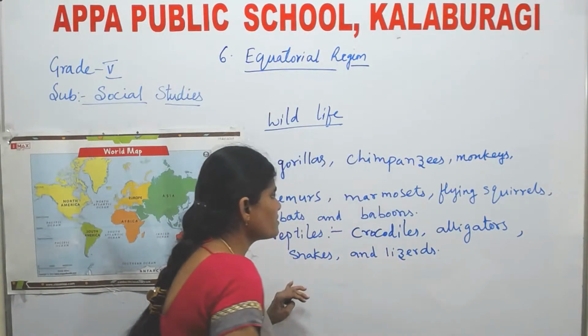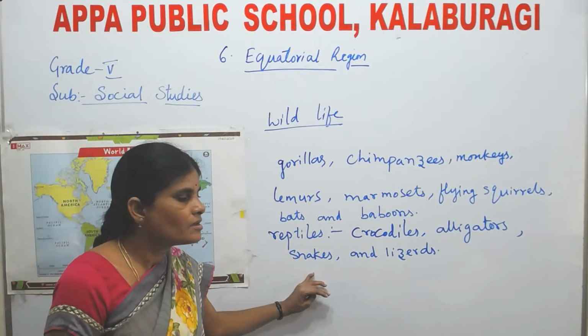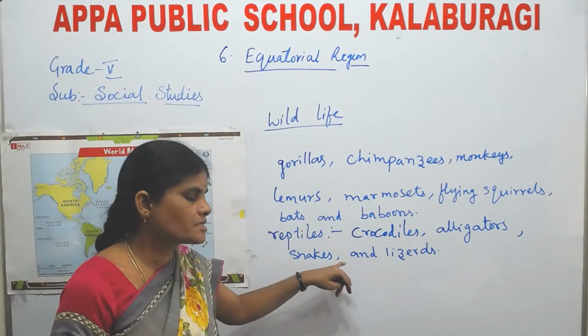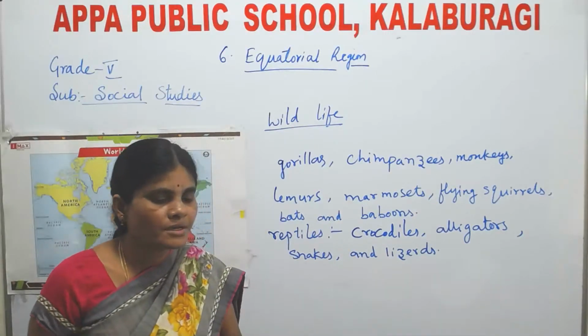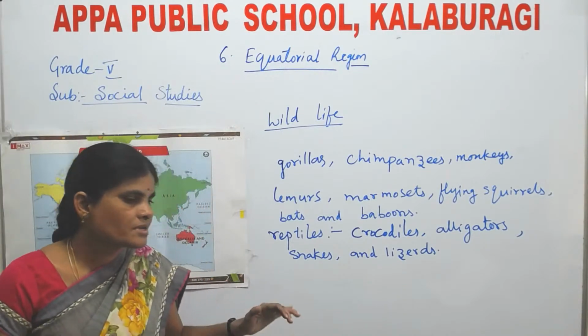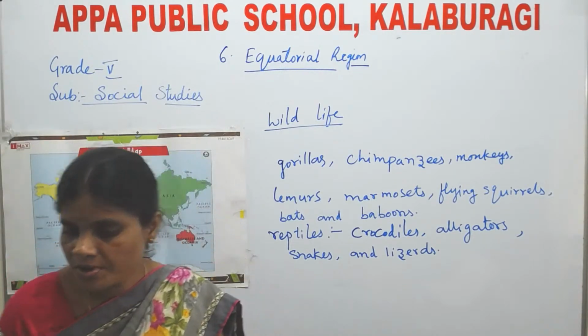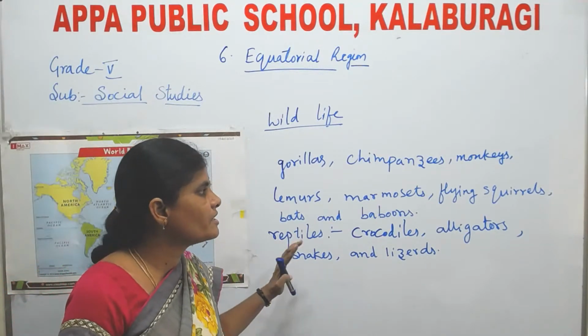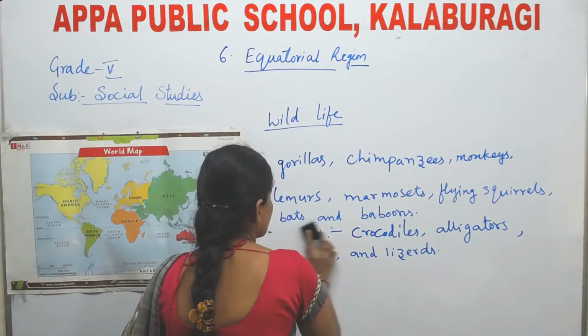These are the reptiles found in the equatorial region. Next, a number of varieties of birds, insects, and butterflies are also found in this region. Hippopotamus and jaguars are also inhabitants of this region.